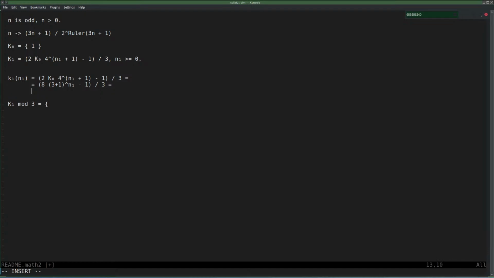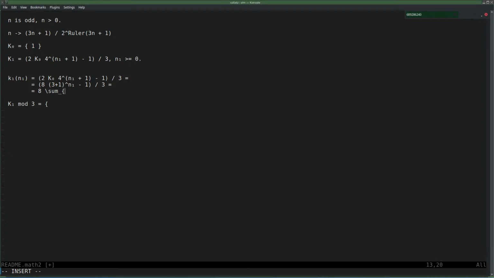Time for a new line, I think. So that is 8 times, do I have a sigma here? Don't have a sigma, let's use LaTeX.